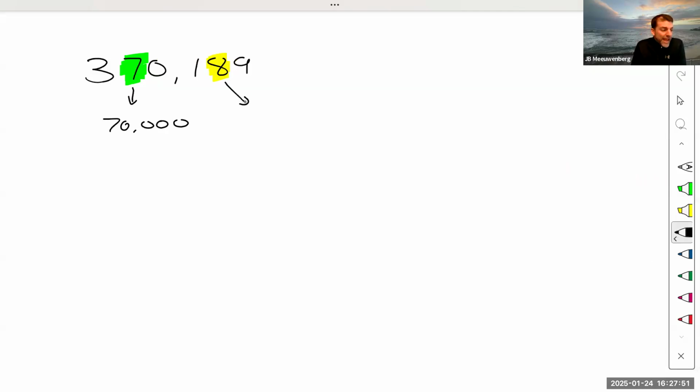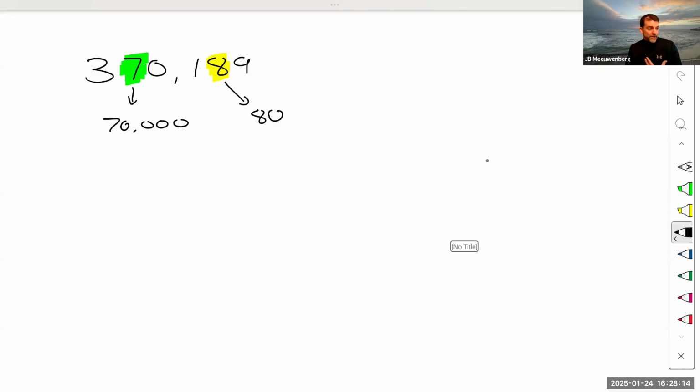Hopefully you said that 8 has a value of 80 because it's in the tens place, and 8 times 10 is 80. So it's really crucial that we understand the value of the numbers based on the position that they have in the number. So a couple other notes about reading and writing numbers.